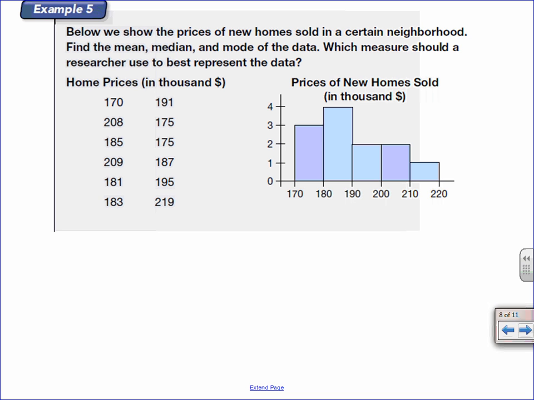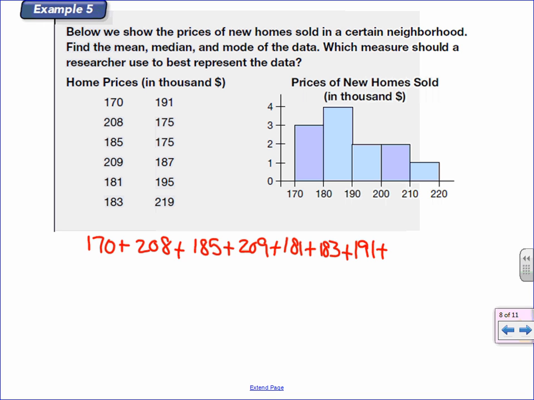So we're going to take 170 plus 208 plus 185 plus 209 plus 181 plus 183 plus 191 plus, and you can be doing this on your calculator as we go, 175 plus 175 plus 187 plus 195 plus 219.